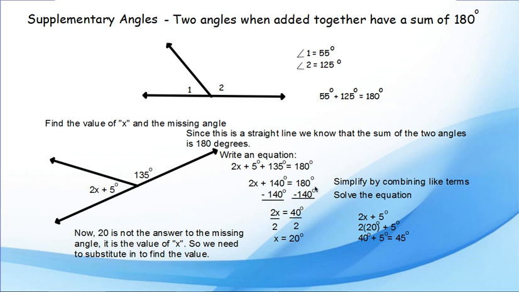We said x was 20, so we took our 20 and moved it in to where the x was. So 2 times 20 plus 5, 40 plus 5 equals 45. So the missing angle in this case is 45 degrees.